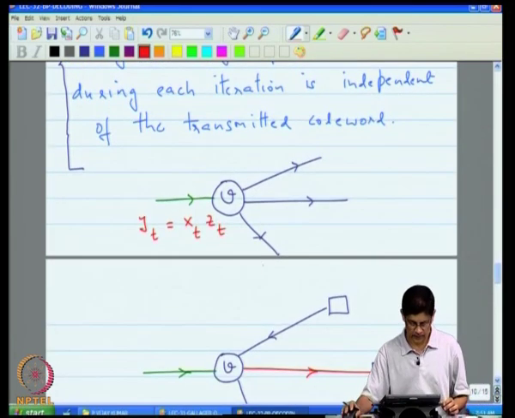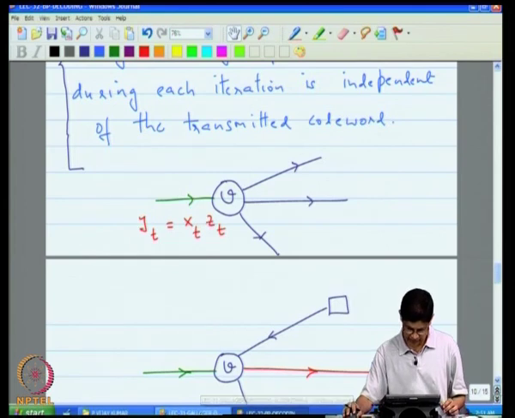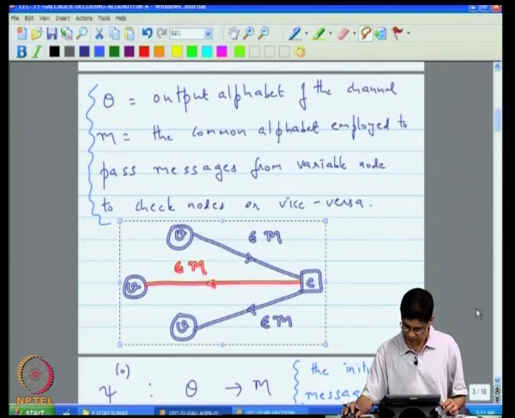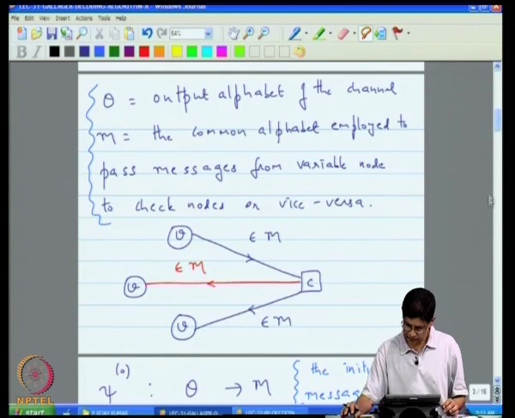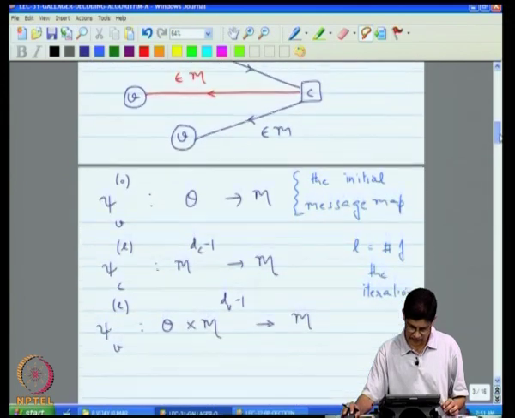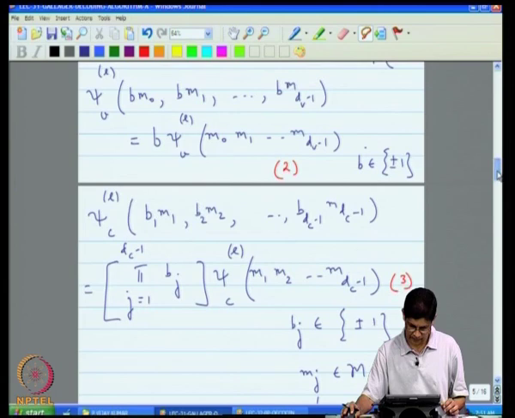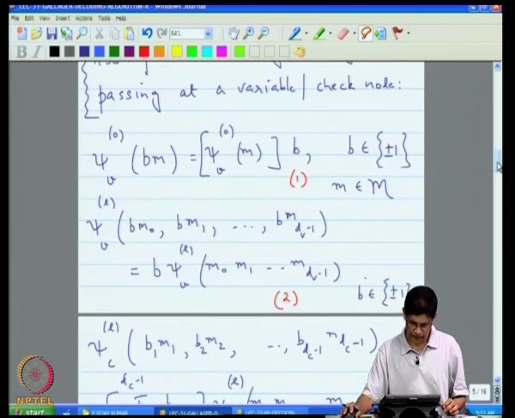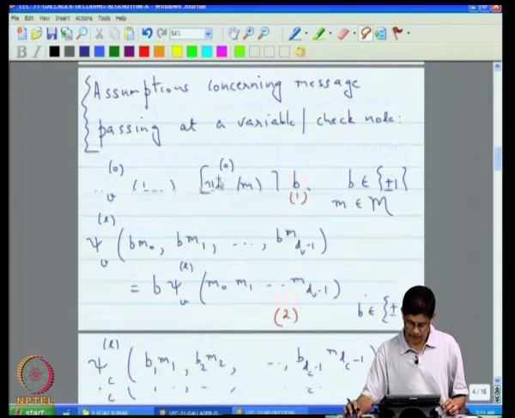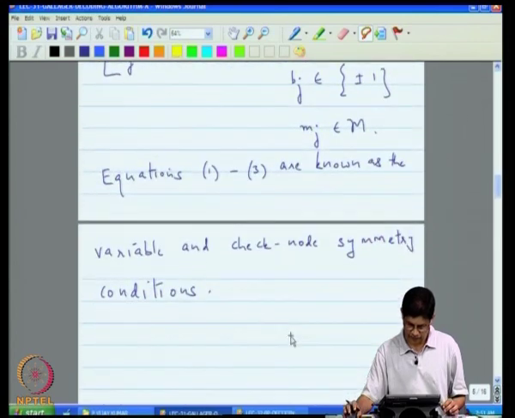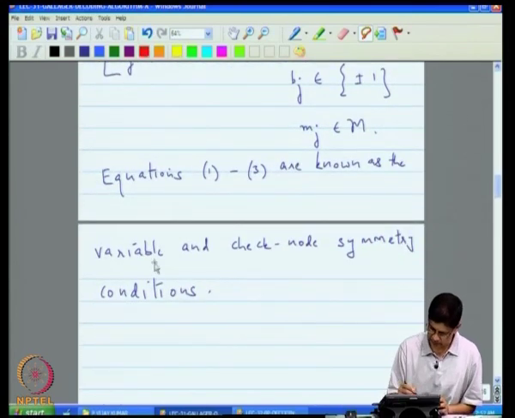Now, in our variable node map, I think we defined in our last lecture what we called, remember, the variable and check node symmetry conditions.